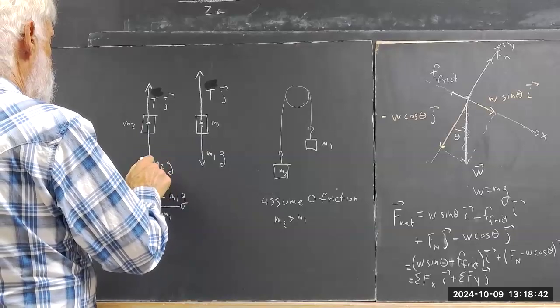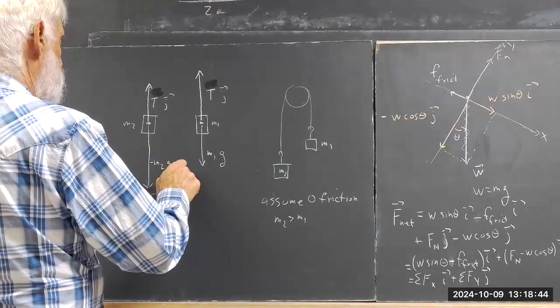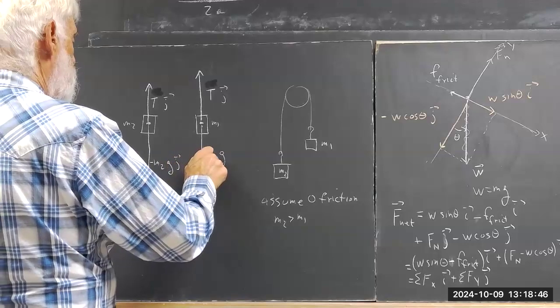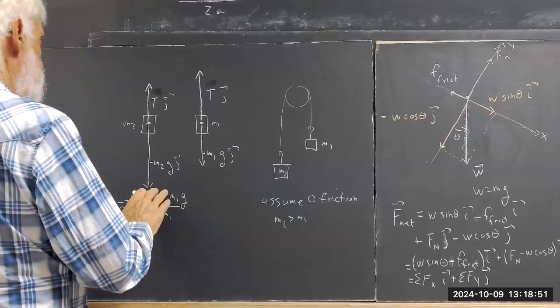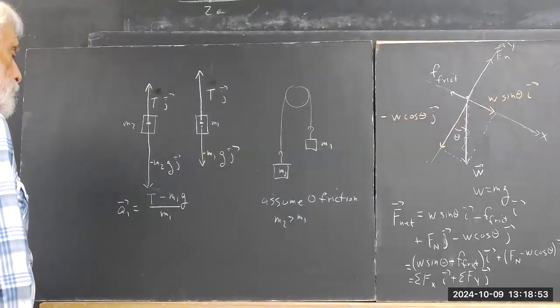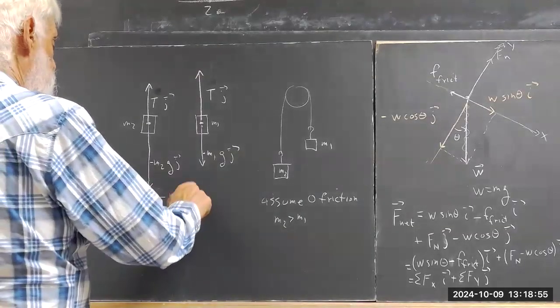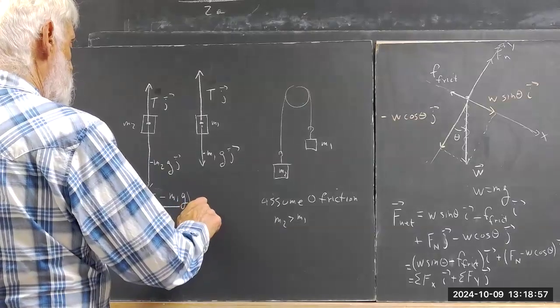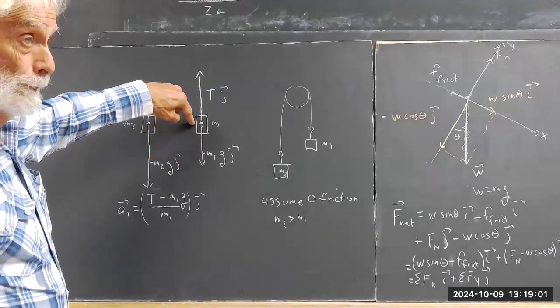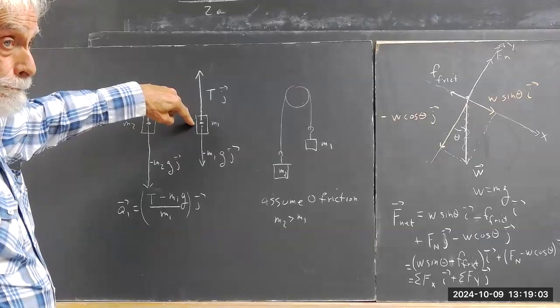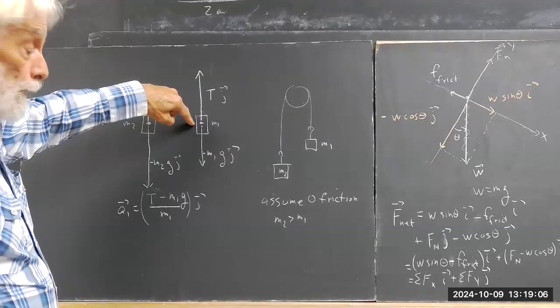And this will be negative M2 g j. This will be negative M1 g j. Okay, so now we got T minus M1 g times j for the sum of the forces, right? Okay.